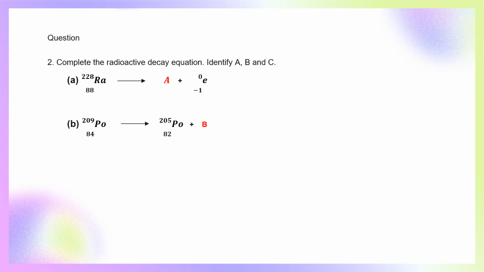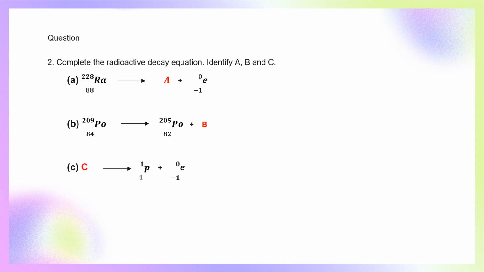For B, Po-209 with proton number 84 will undergo the decay process and will produce Po-205 with proton number 82 plus B. And for C, something will undergo the decay process and will produce a proton plus a beta particle.